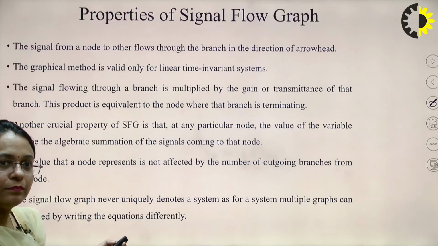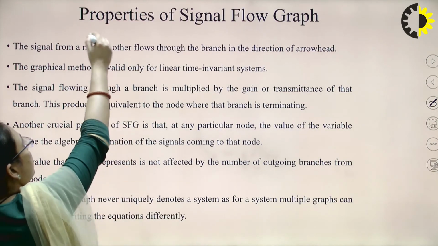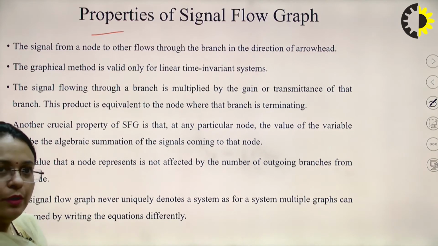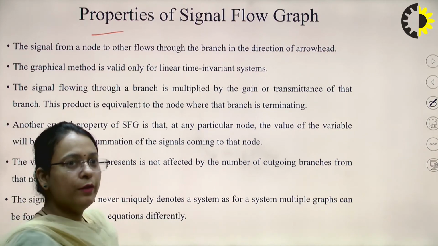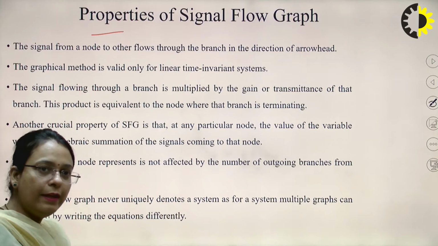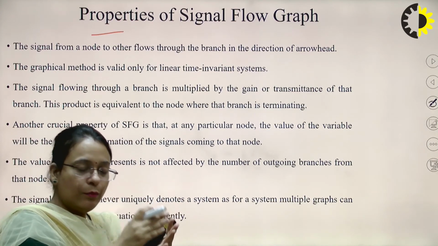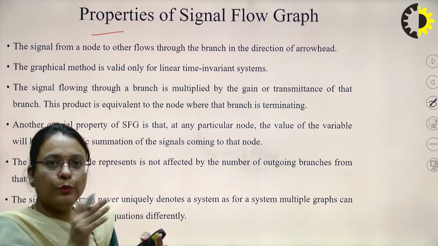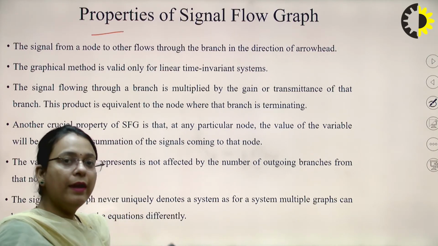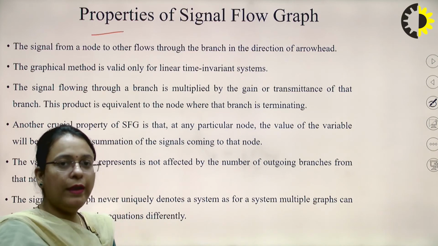Okay. Now the properties of the signal flow graph. The first property is that the signal flows from one node to another node through a branch, in the direction of the arrow.